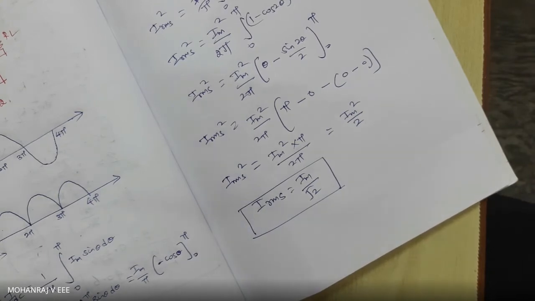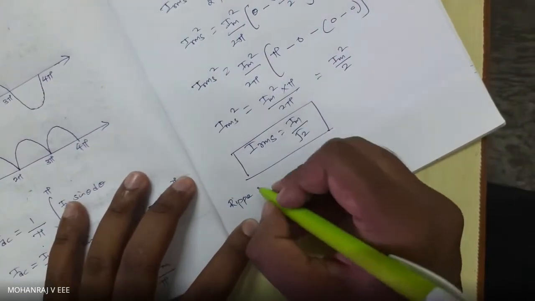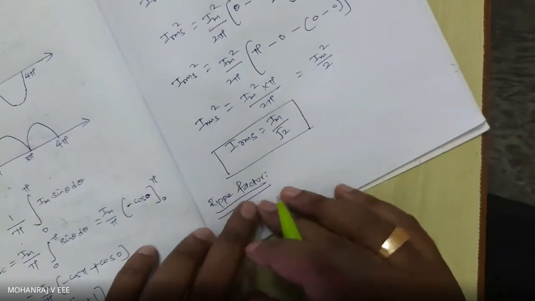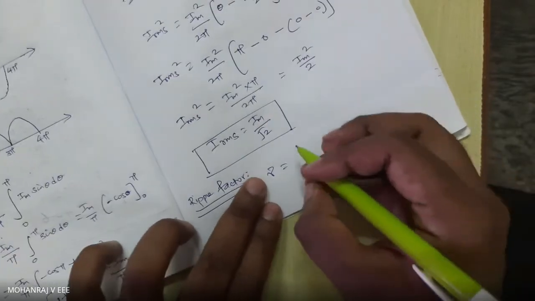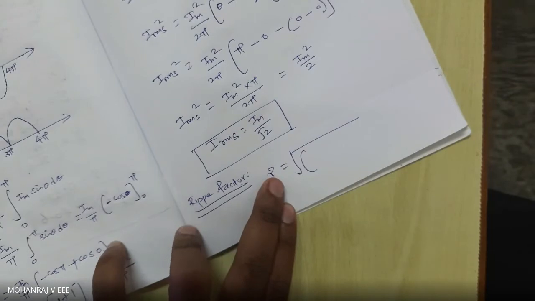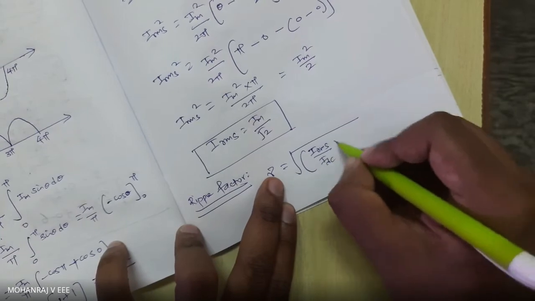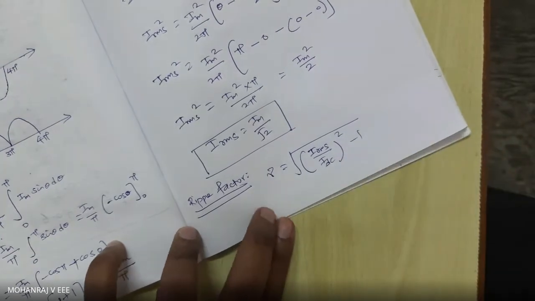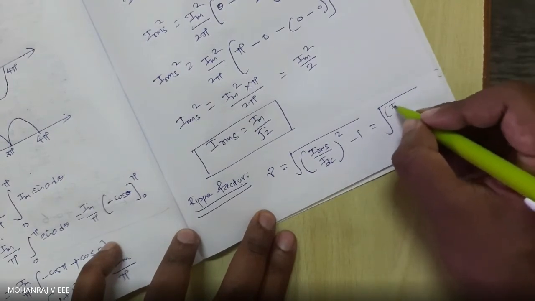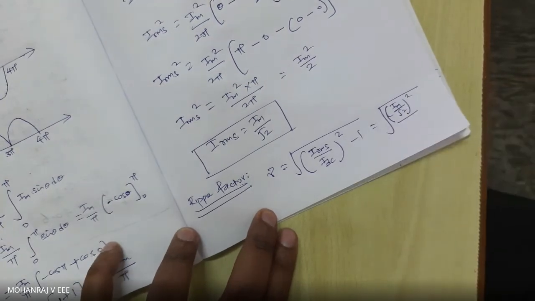Fine. Now let us calculate what is the ripple factor for full wave rectifier. We know ripple factor is given by root of, we can check the half wave rectifier, root of IRMS by IDC, the whole square, minus 1. So that is equal to root of Im by root 2, the whole square, divided by IDC.